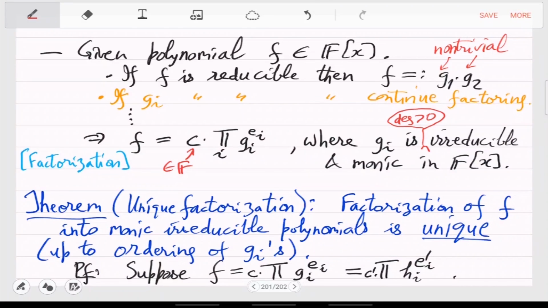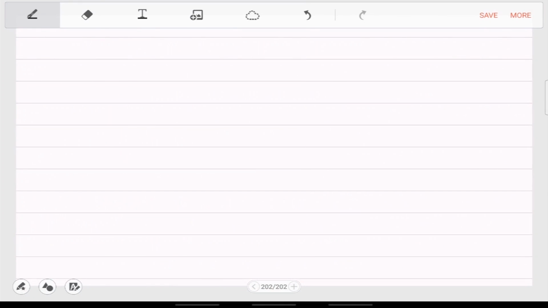So then what can you say about c and c prime? Why are they equal? Because this is the leading coefficient of F. The leading coefficient of F is, on one side, c, and on the other side, c prime.